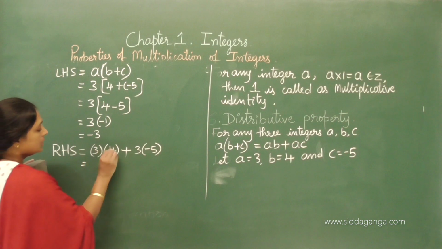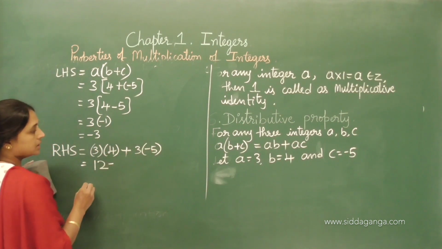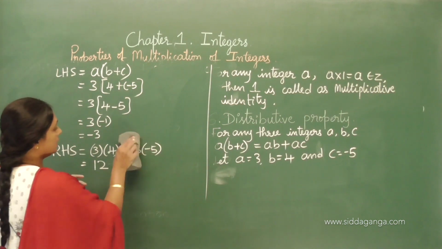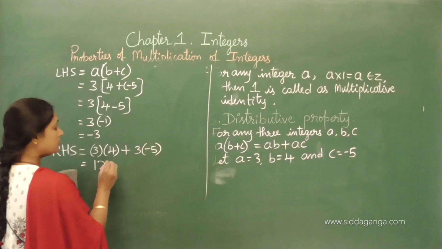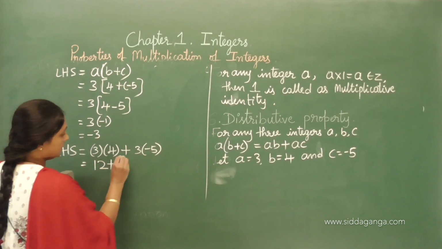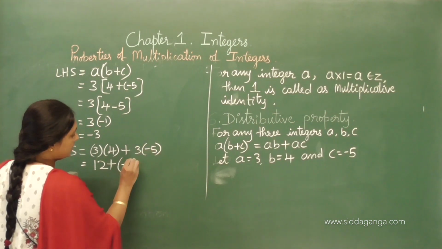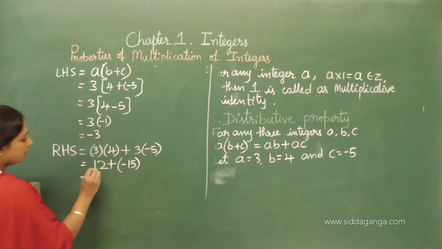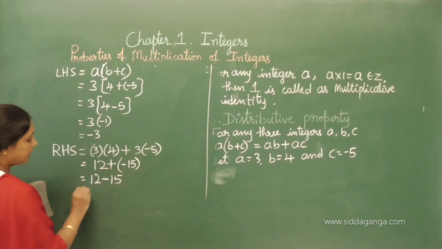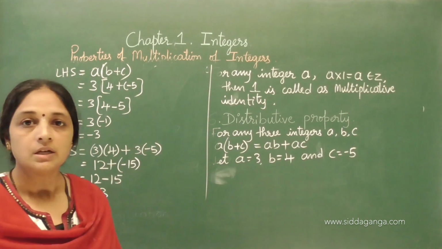That is equal to 3 4s are 12, plus into minus is minus, 3 5s are 15. Or otherwise we can go one step extra, take plus here: 3 plus into minus is minus, 3 5s are 15, then 12 plus into minus is minus 15. 12 minus 15, we get minus 3 here.